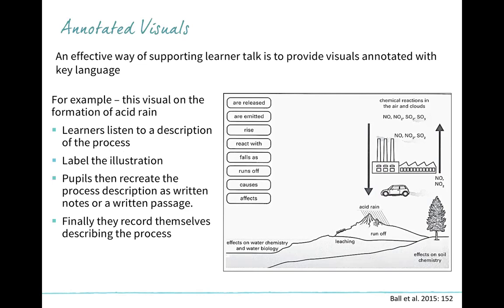They could have that in front of them when listening to a strong verbal model about acid rain, then use that new understanding to label the diagram, as is shown here. Then they could recreate the process description as written notes, or a diagram, or a passage, and finally record themselves describing the process. So essentially what they've done is scaffolded their own talk up to a final outcome.